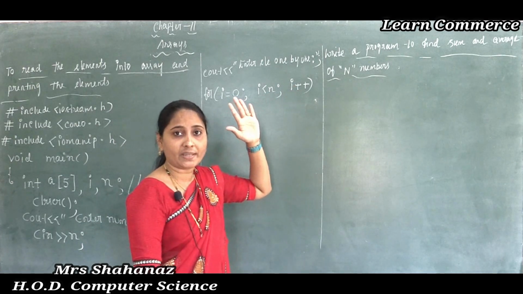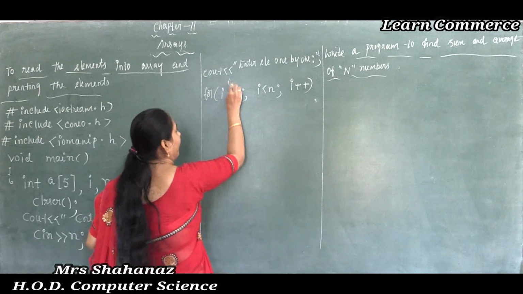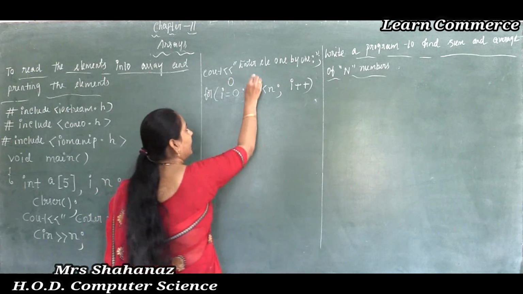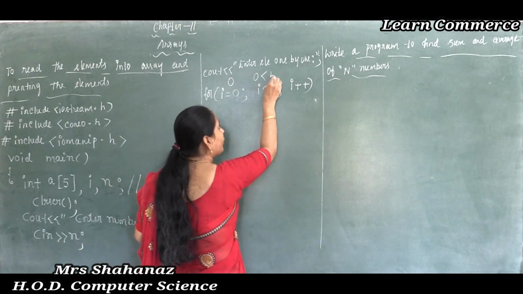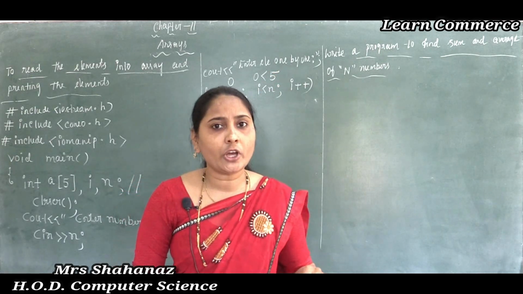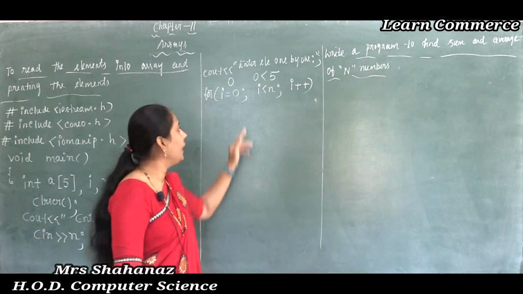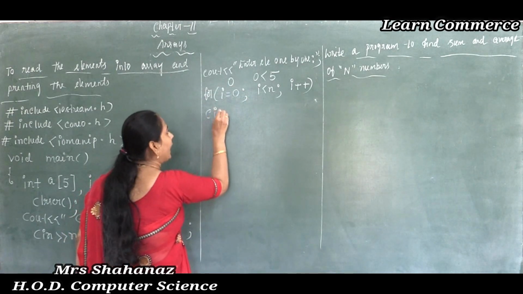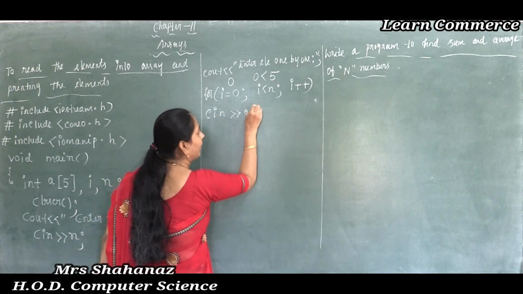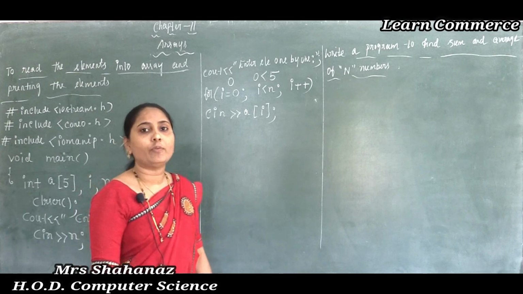If the number of elements is 5, then what happens? The i value is equal to 0, okay. No problem, then it just checks the condition: 0 is less than 5, when you compare 0 with 5, 0 is less, then sure it accepts the value, inputting the value through the keyboard, okay.